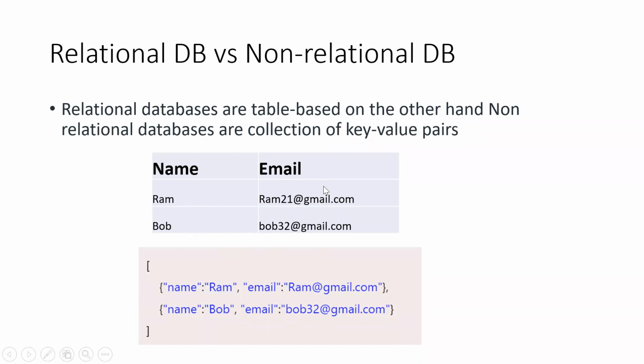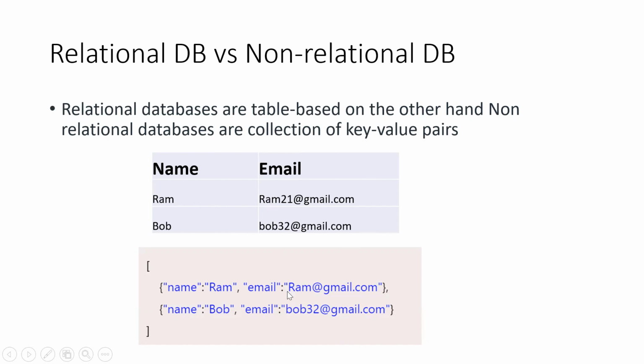There are two columns, name and email. The columns are the various subject areas and the records are the rows. In the table there are two records, for Ram and his mail ID, and Bob and his mail ID.